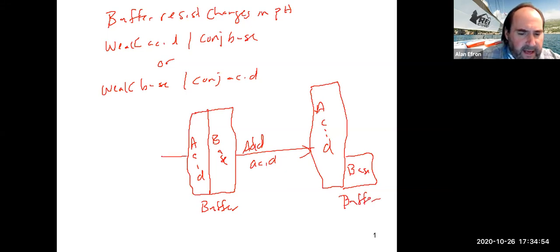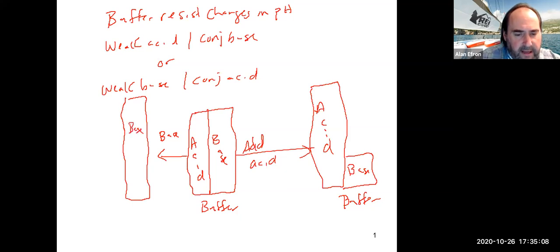The same thing happens if you add base to your buffer. The base will react with the acid part of the buffer, make more of the base part, and use up some of the acid part.